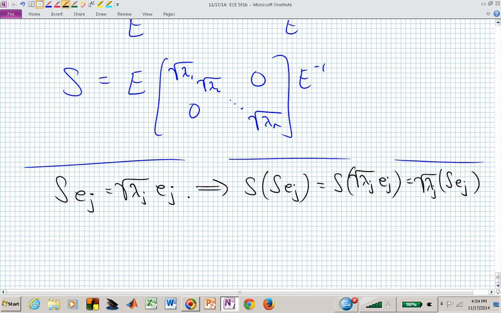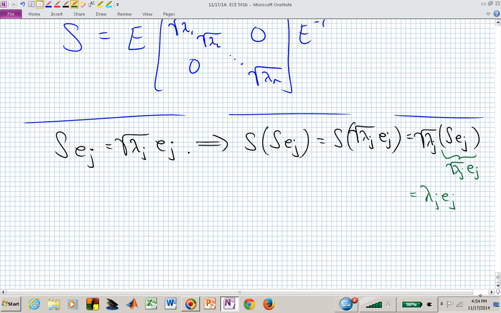But S e to the j, I define that to be square root of lambda sub j e to the j, so that this is now lambda sub j e to the j. And that was T e to the j, and this is just S squared.